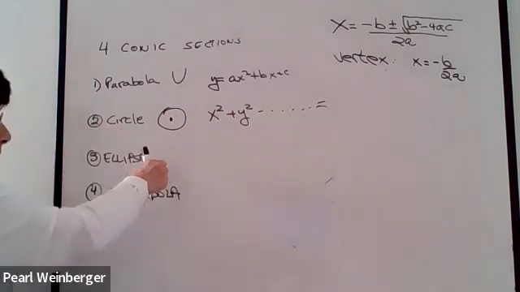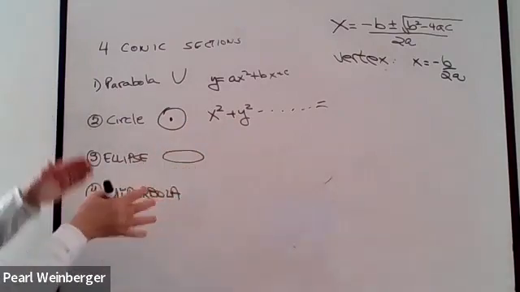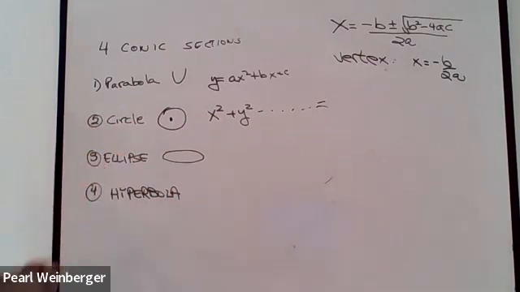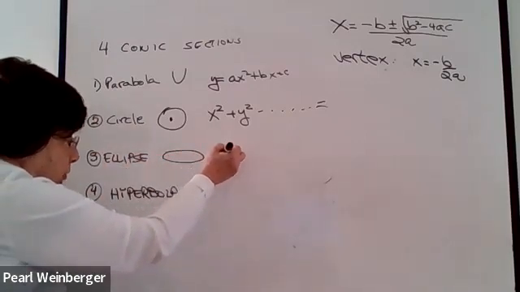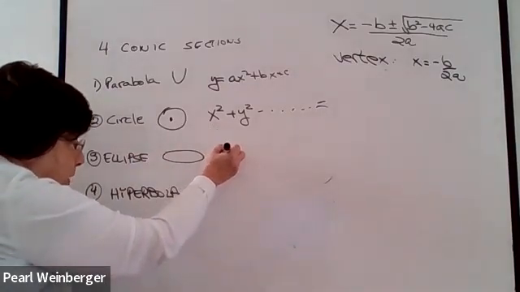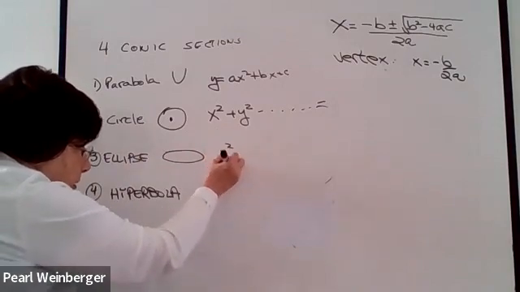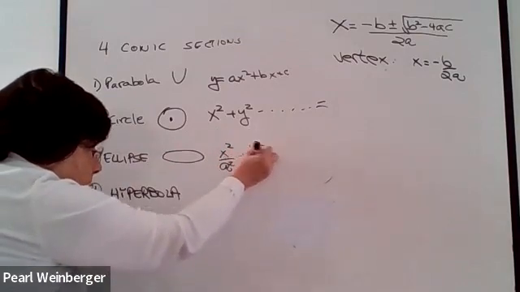The next type of thing, this is what we were just talking about, is an ellipse. Sometimes it's squashed horizontally, sometimes it's squashed vertically. So sometimes you have an ellipse that runs the other way. You'll recognize the equation of an ellipse because you'll have an x squared over a number plus a y squared over a number.